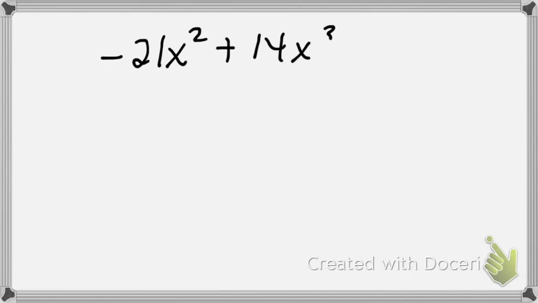Last one. What did we have? We had negative 21x squared plus 14x cubed. All right, so we have 14 and we have 21. For 14, the factors are 1 and 14, and 2 and 7.